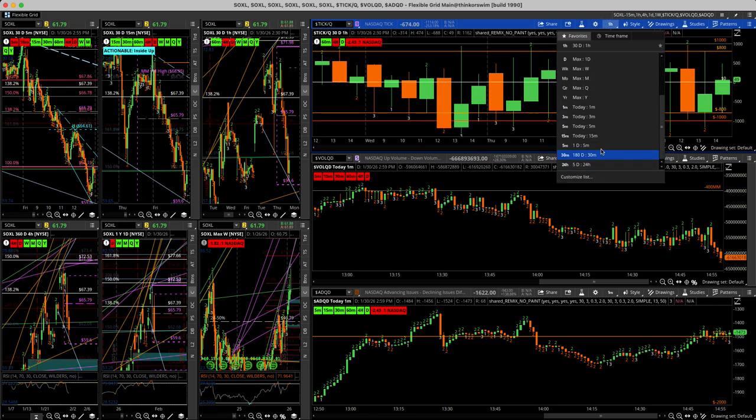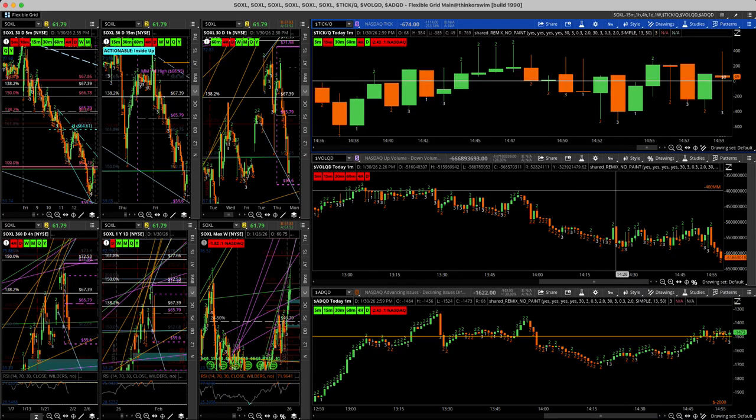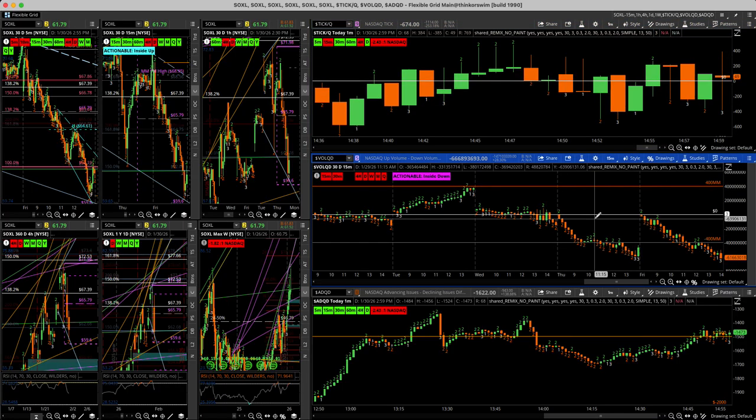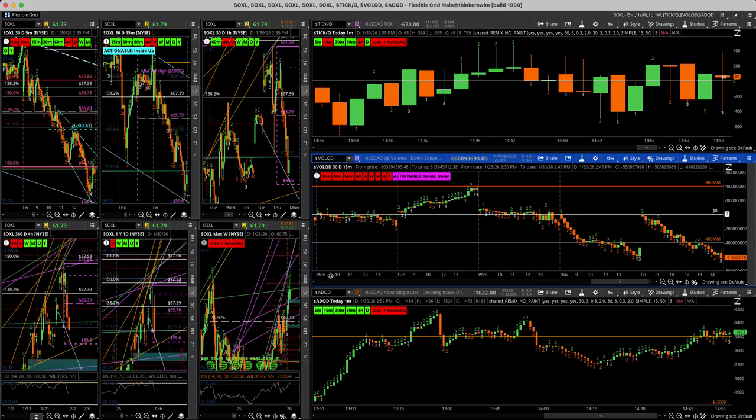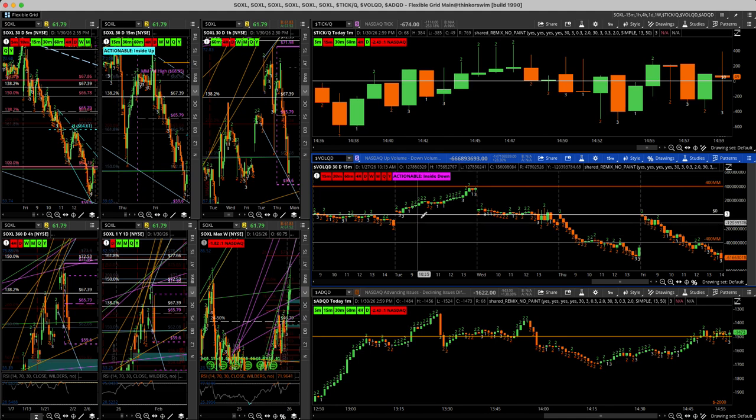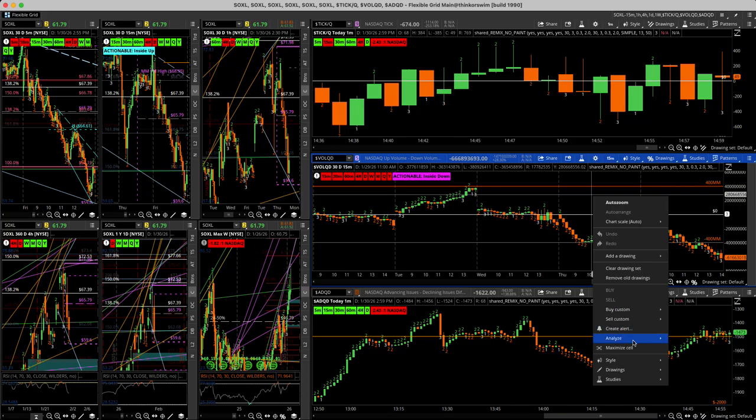Let's just look at Vol QD and actually pull up the 15. Yeah, that makes it a lot better. So this is the 15-minute, and this is the Vol QD, or basically money flowing in versus money flowing out for the Qs, right? Let's just make this bigger.